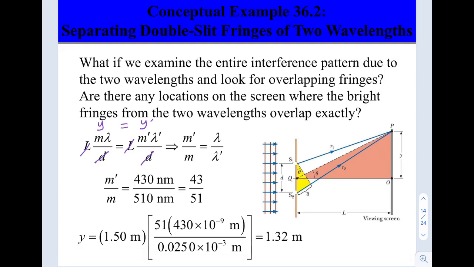So we will have m prime over m equivalent to lambda over lambda prime. If you substitute m prime and lambda prime here, you will have 43 ratio to 51. This is the m prime over m. So substitute the rest of the information.